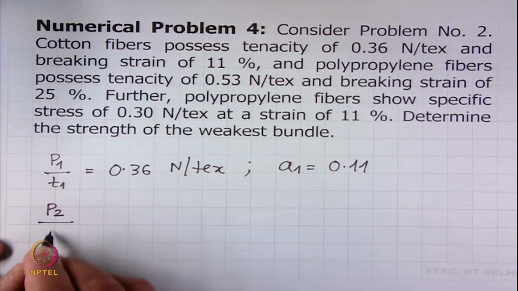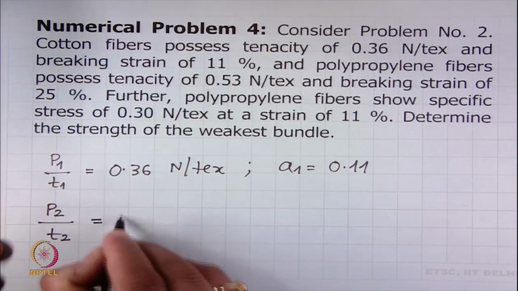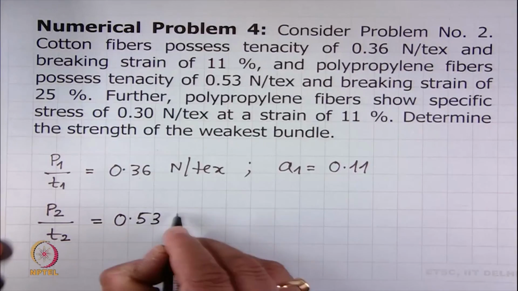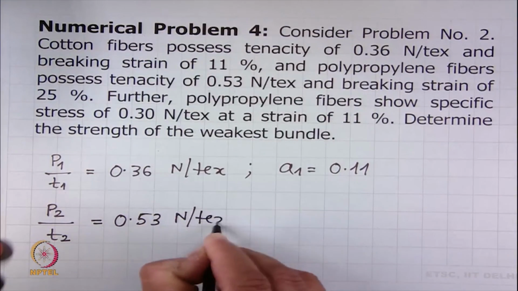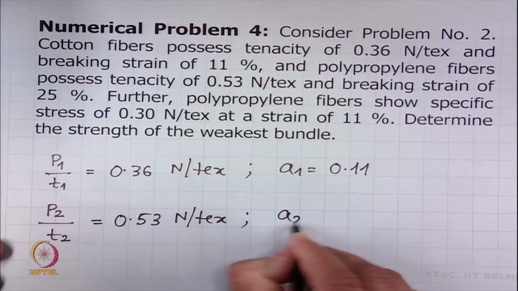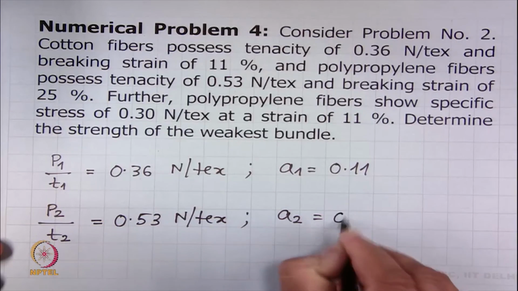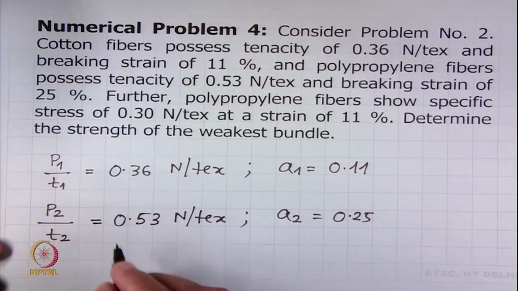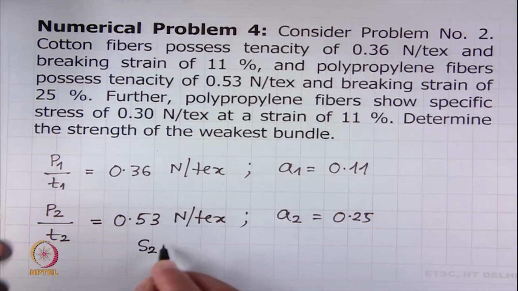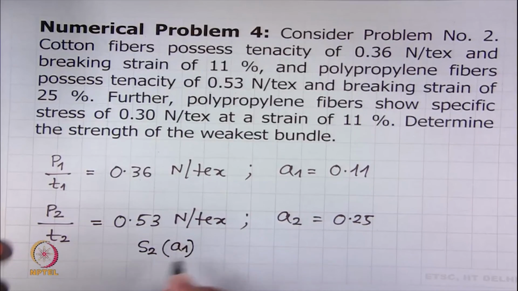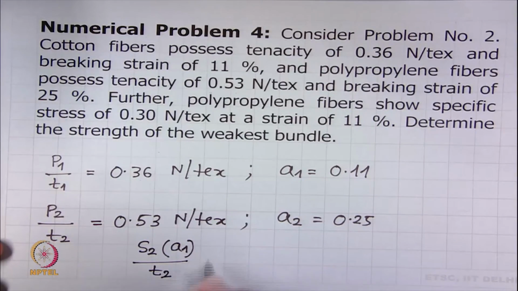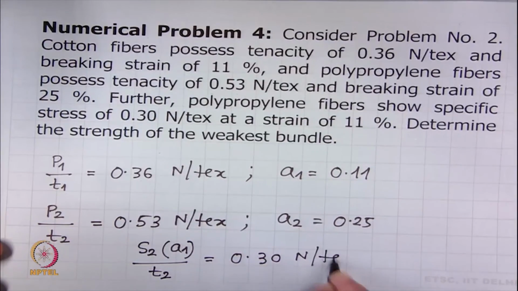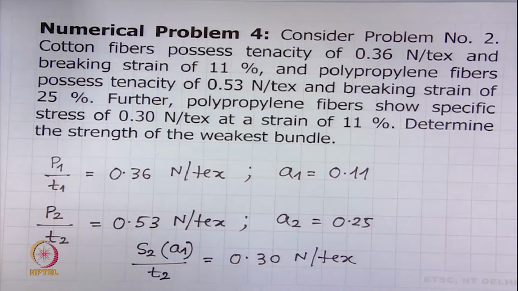P2 by T2 is 0.53 Newton per tex, A2 is 0.25. Another piece of information is given: S2 A1 by T2 is 0.30 Newton per tex.